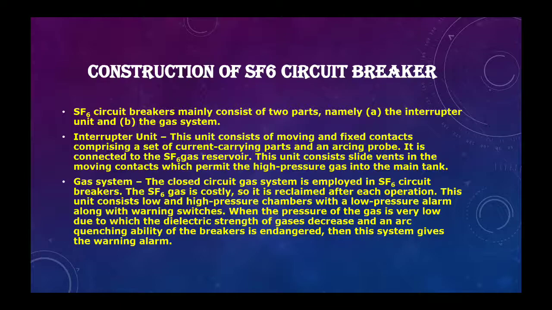When the pressure of the gas is very low, the dielectric strength of the gas decreases and the arc quenching ability of the breaker is endangered, then this system gives the warning alarm. So that is the small disadvantage of SF6 gas.